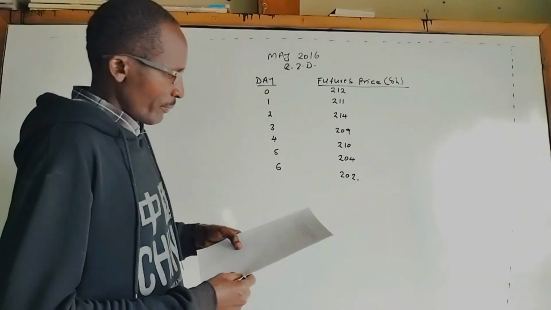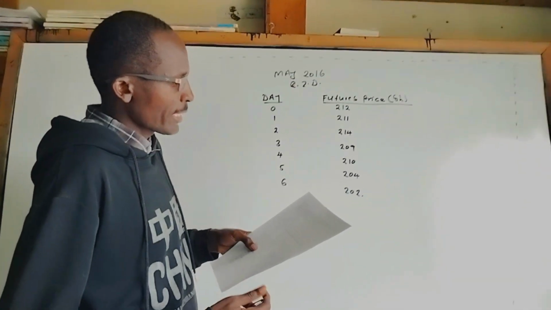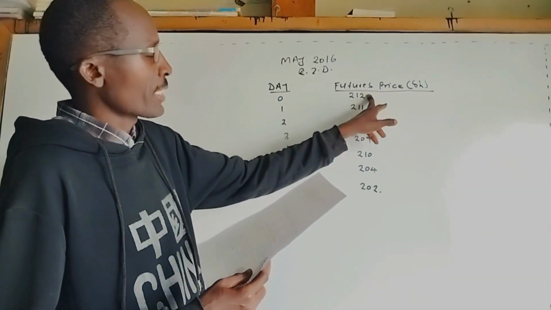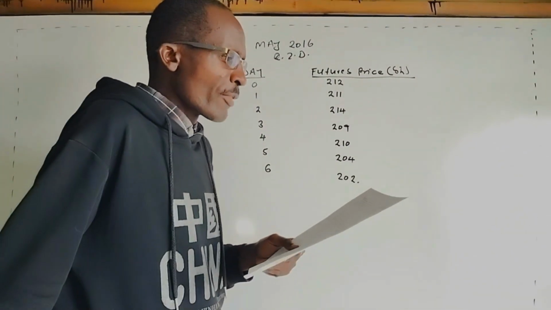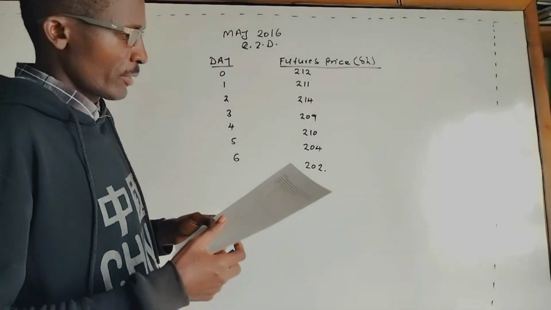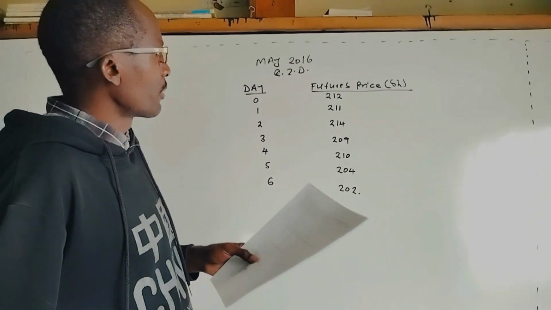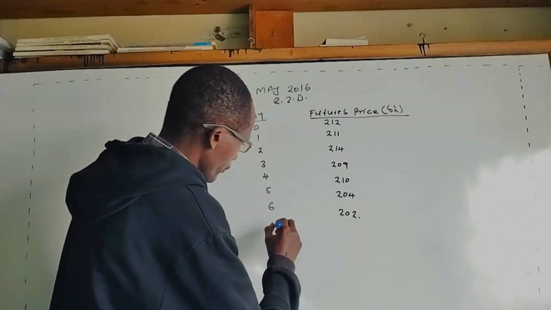Now let me read the question again. A futures contract has a current price of shillings 212. The initial margin requirement is shillings 10. So they put the initial margin requirement. I can just write it somewhere here.